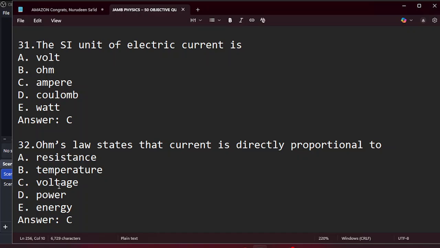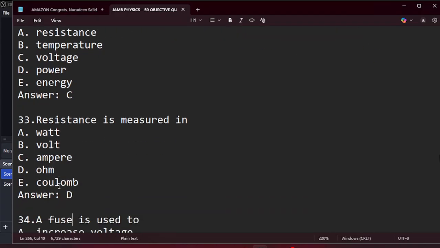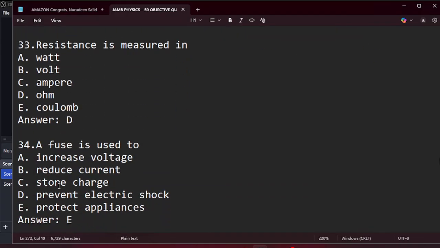The answer is C, which is voltage. Question number 33. Resistance is measured in A, watts, B, volts, C, ampere, D, ohms, E, coulomb. So the answer is D, which is ohm.